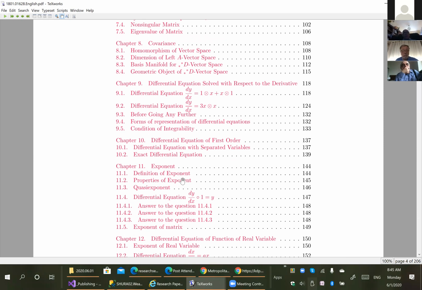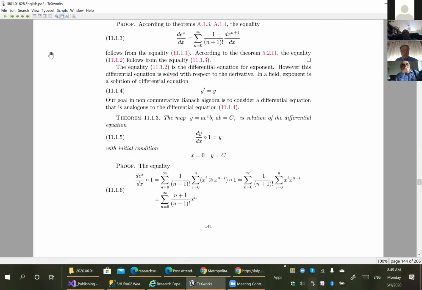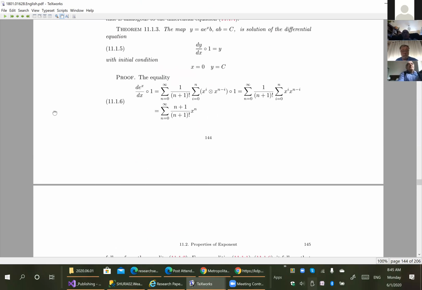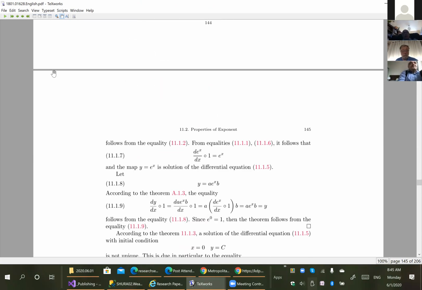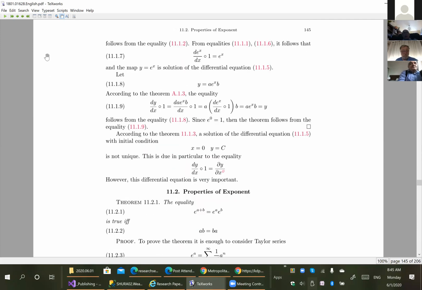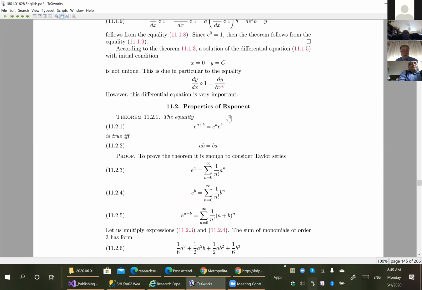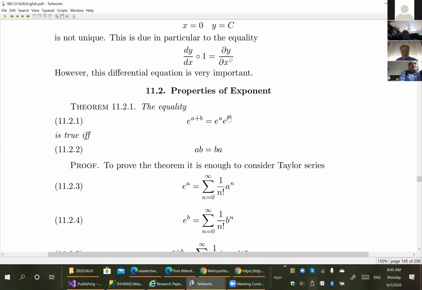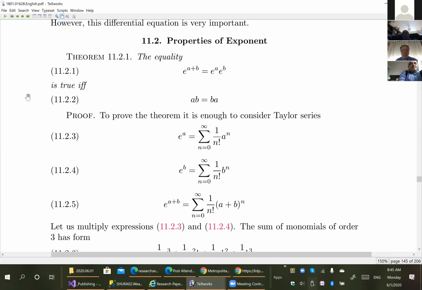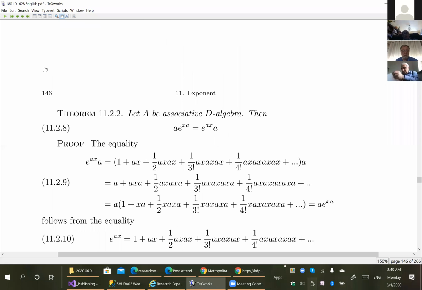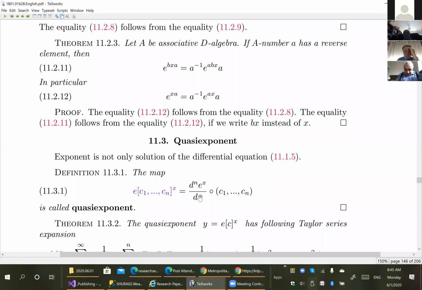It is a very interesting issue, because when I take the derivative of the exponent, I get a set of functions that are not the exponent. First of all, the exponent does not commute, and when I take the derivative of the exponent of any order, I get an expansion, a Taylor expansion, that is different from the exponent.